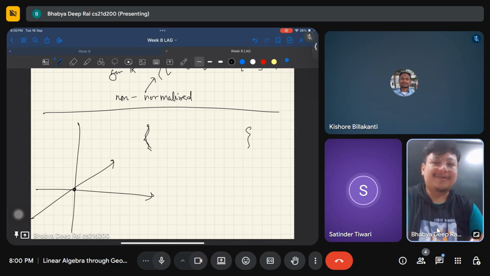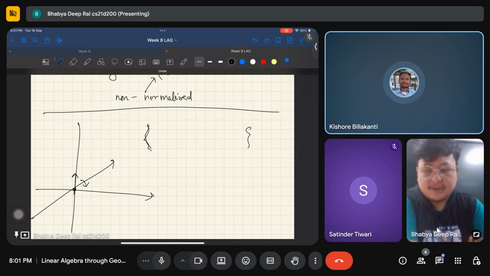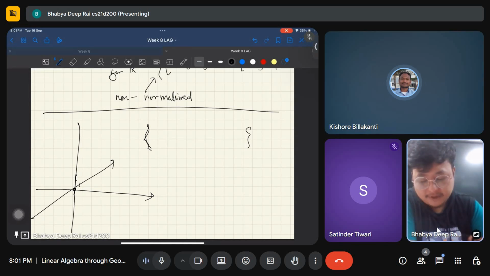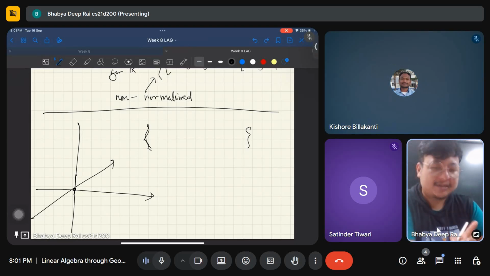Maybe the angle would be 90 degrees, because each axis would be perpendicular to each other. Yes, that is true. Each of the axes you want to be perpendicular to each other.